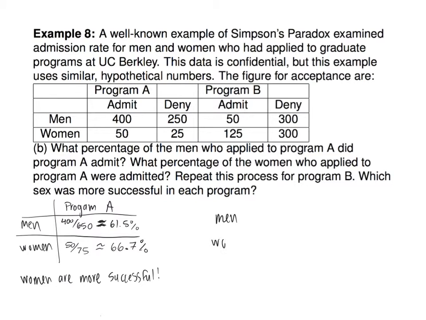Okay, let's do program B. So men, women, program B. So how many people were admitted? So 50 out of 350, which is about 14.3%.